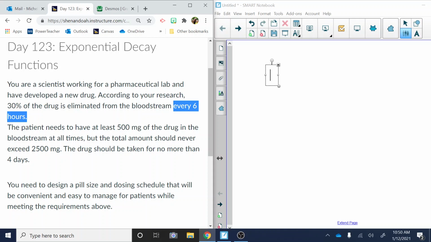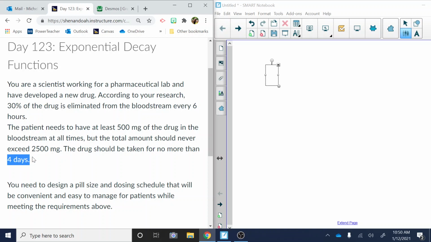So instead of monitoring this by the day or by the hour, I am going to choose to think about it in 6-hour chunks, okay? So how many 6-hour chunks would there be in a day? Well, that would be 4. And I need to take this medicine for how long? For 4 days?